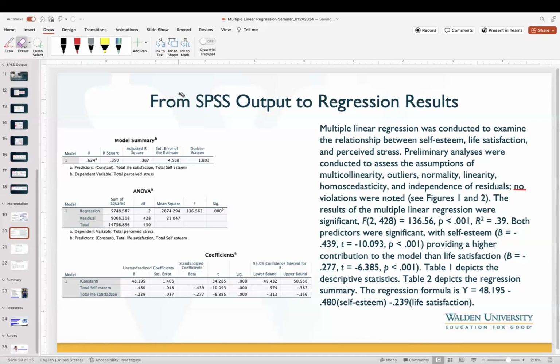The number 2, fantastic. It is the degrees of freedom, but in layman's terms, it is the number of predictive variables in your model. When you look at that output, you can now tell me there's a regression done and they had 2 predictive variables. I can already tell you that about this study. Anyone want to take a stab at the 428 here?